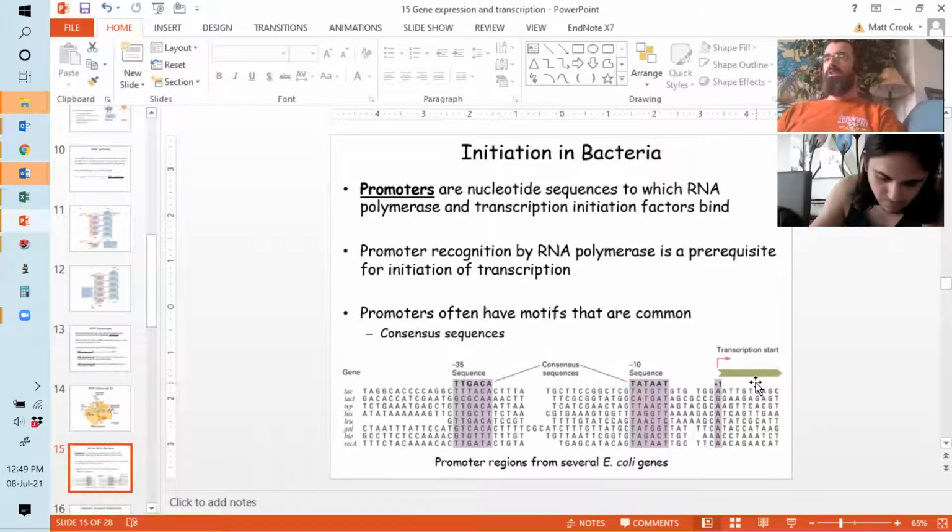So RNA polymerase on its own is a fairly dumb processing machine. It's very good at making RNA, not very good at anything else. So it relies on other proteins, transcription factors, for example, to tell it where to go to do its job.